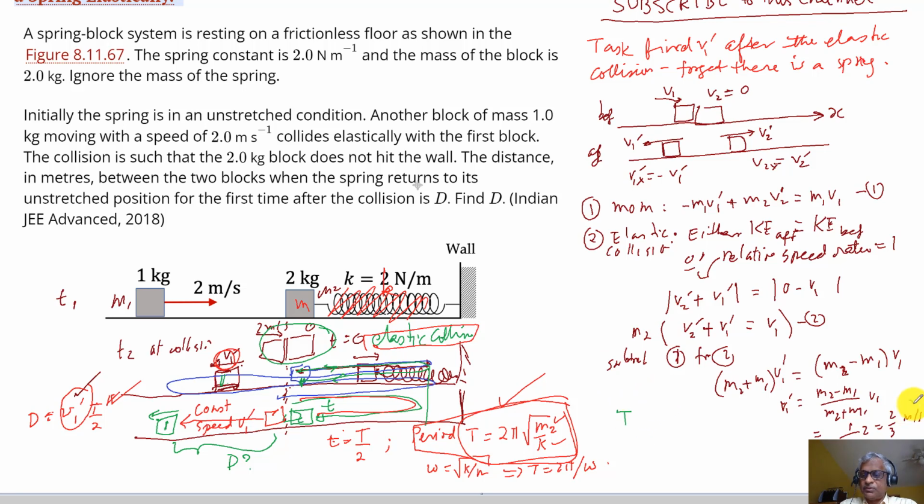So the t is just 2 pi square root of m2 over k, and k is this, and m2 is 2, so this is 2 pi, just 2 pi.